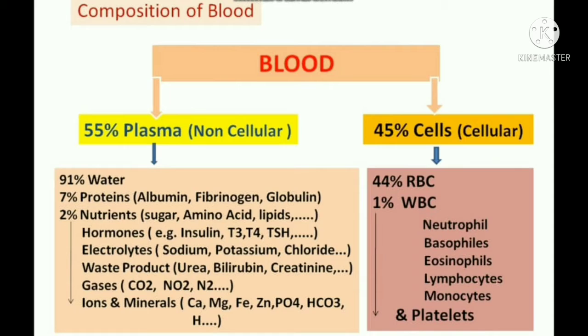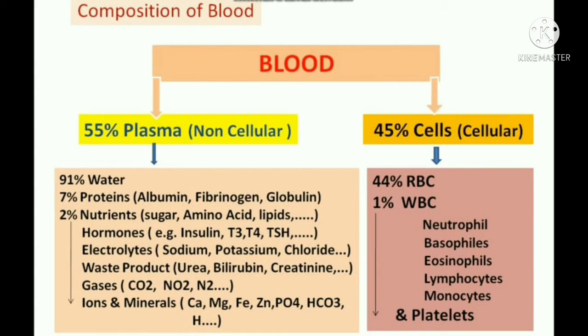Plasma. It contains 91% water, 7% proteins such as albumin, fibrinogen and globulin, and 2% nutrients such as sugar, amino acids and lipids, and hormones, for example insulin, T3, T4, TSH, and so on.